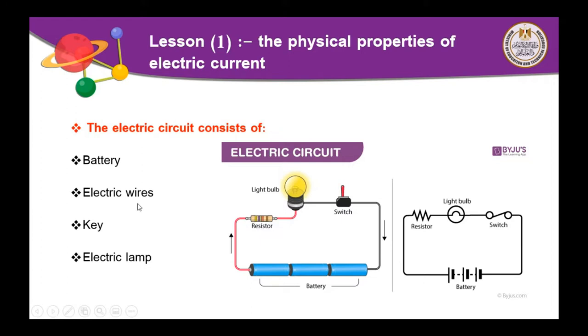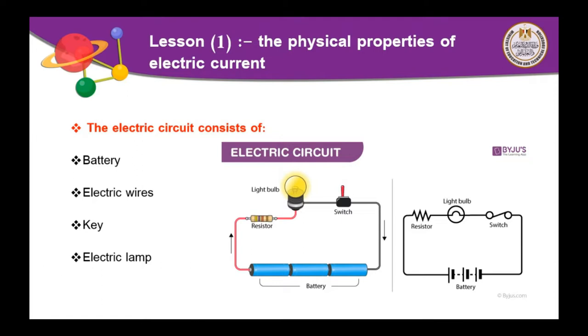This means that the battery is a source of electricity, so without it we can't perform the electric circuit in front of you. Number 2, or the second component, electric wires. They are wires that are made of copper and they are used for connecting the components of the electric circuit.